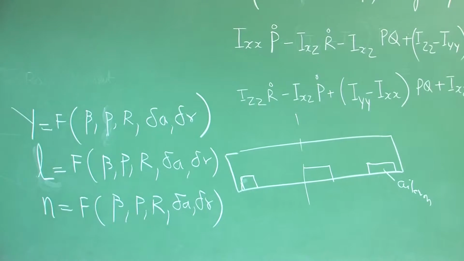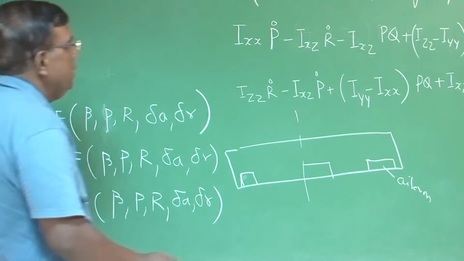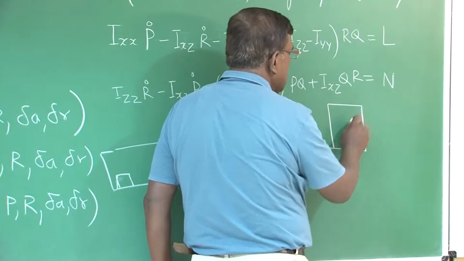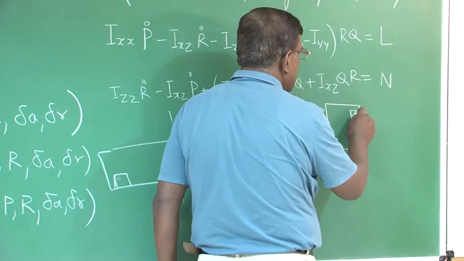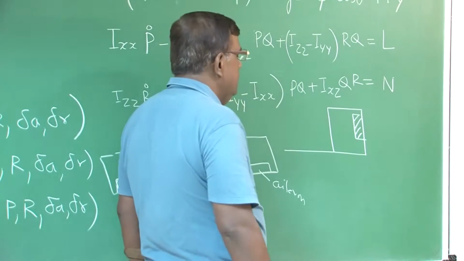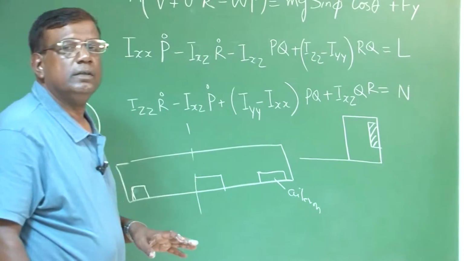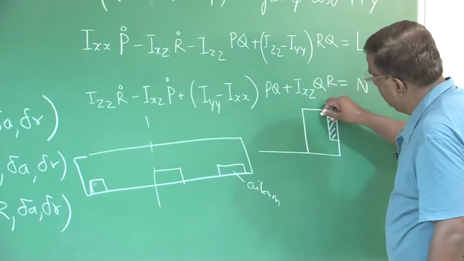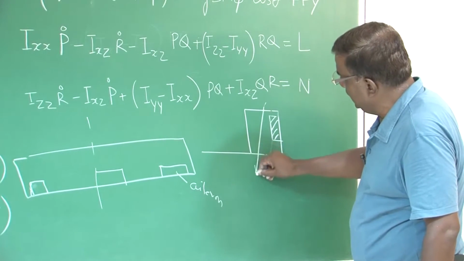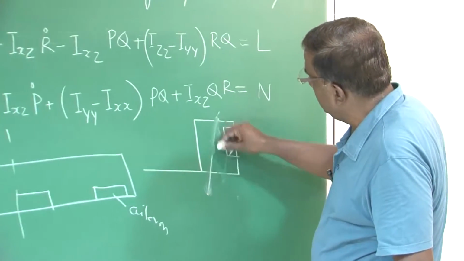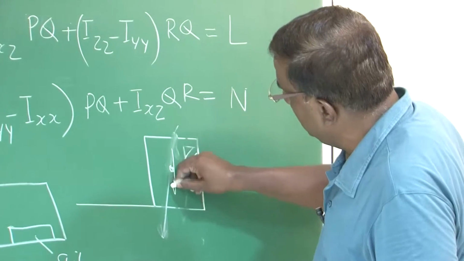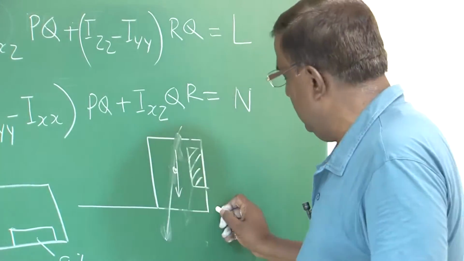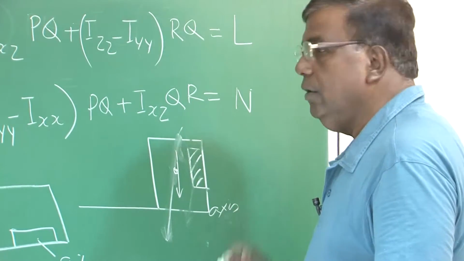What is important also to understand is that if I have a vertical tail like this, and this is the rudder, if I deflect the rudder, this also can generate rolling moment, isn't it? Because if I deflect the rudder and suppose the force is coming out of the blackboard like this, then this will also give a rolling moment about this axis. Okay?